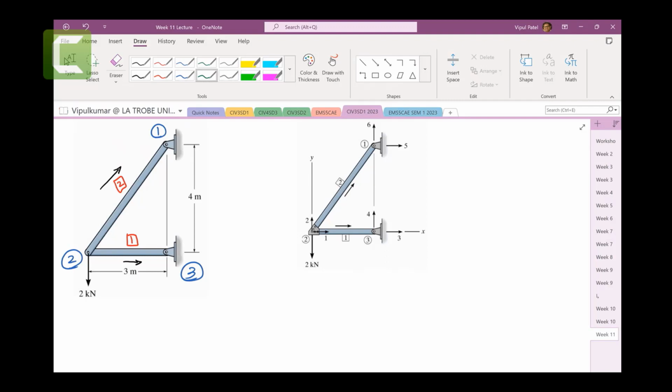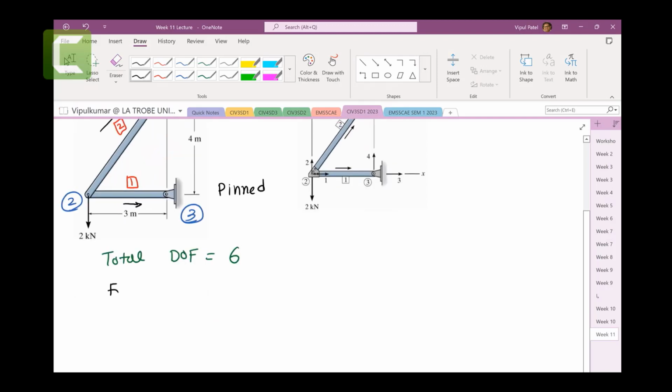And then we are going to find the total degrees of freedom. Now the total degrees of freedom would be 6. Now this is the pin support, and this is the pin support. So out of the total degrees of freedom, how many are free?